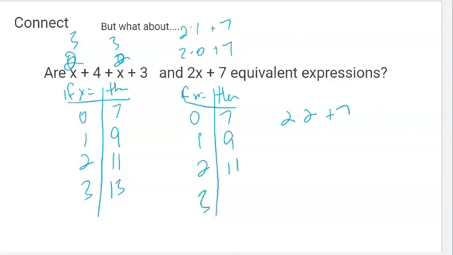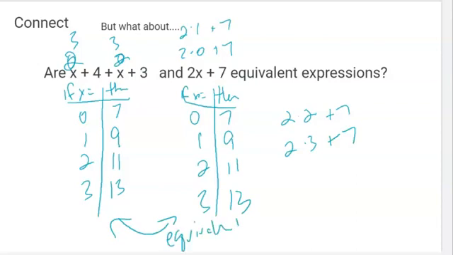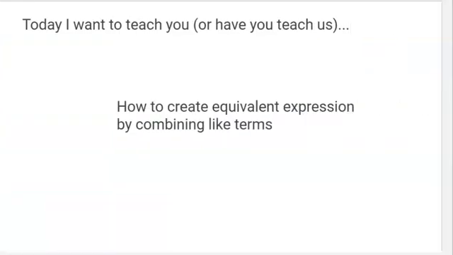And if x is 3, I've got 2 times 3 plus 7 is 13. And sure enough, those are equivalent. That's a lot of work, though, just to tell if those two things are equivalent. So I want to talk about using the other kind of method, where we turn one into the other today.